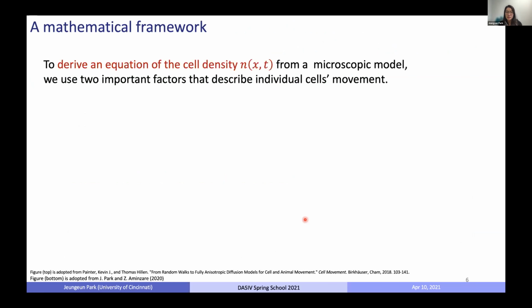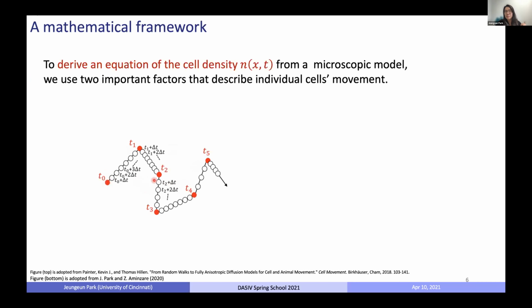Yeah. So to do this, I'll emphasize two important factors which describe the cells' movement in response to chemical stimuli. One thing is the velocity jump process. If you recall the movement of E. coli, with the same velocity they run, but instantaneously, randomly, they change the direction.